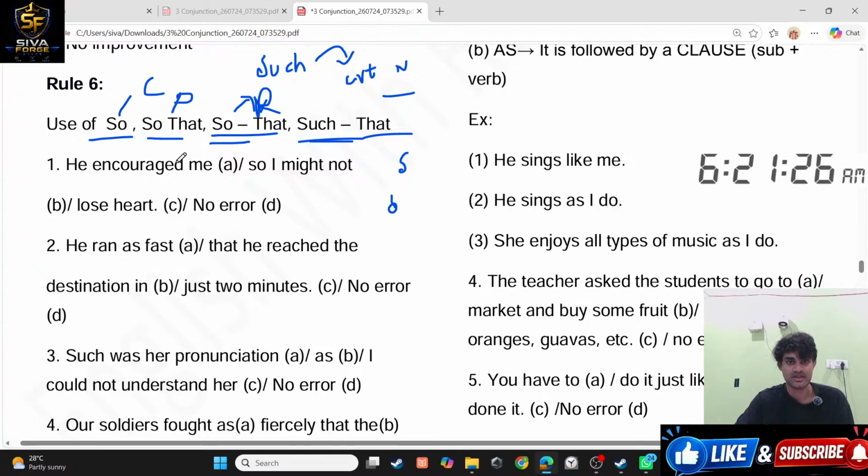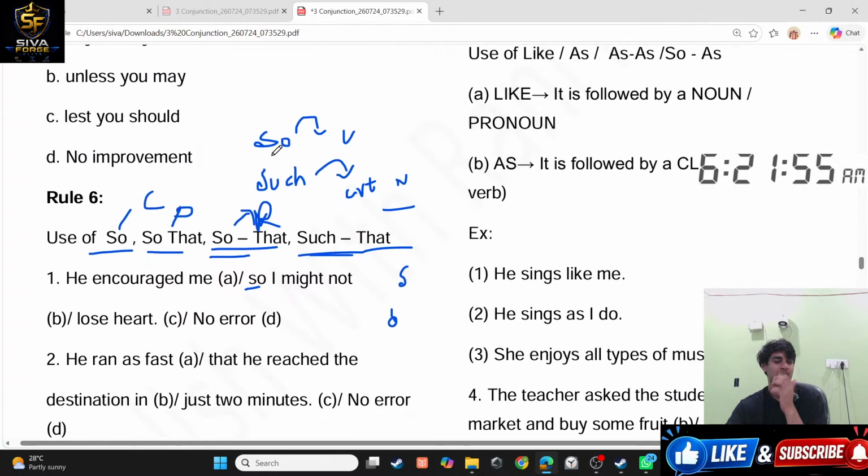He encouraged me so I might not lose heart. He encouraged me, so, he is my conjunction, right? Where is the error? He encouraged me is true actually.